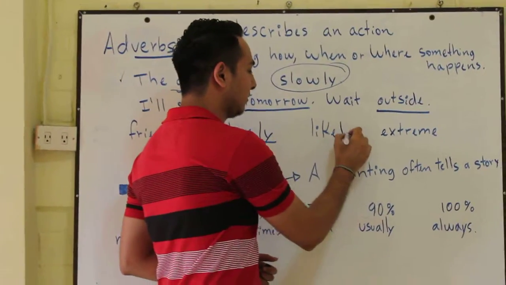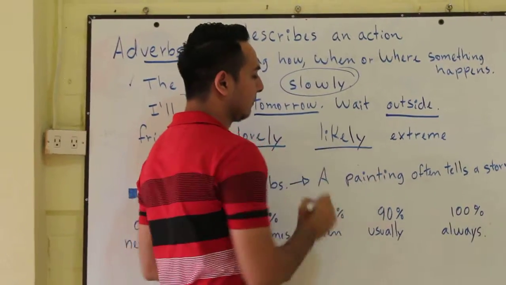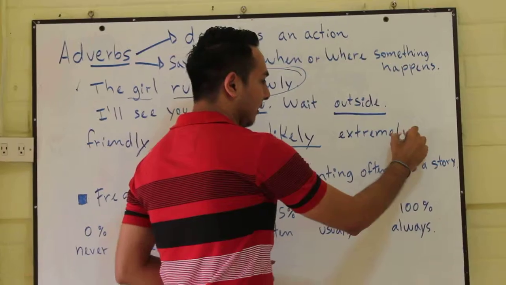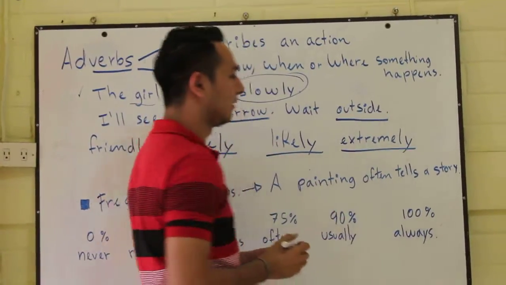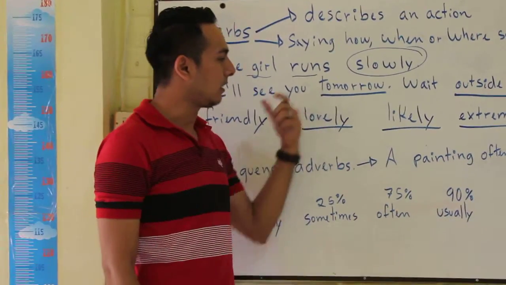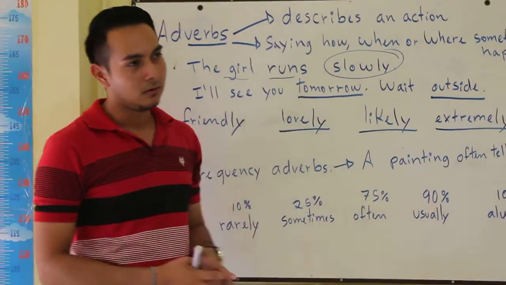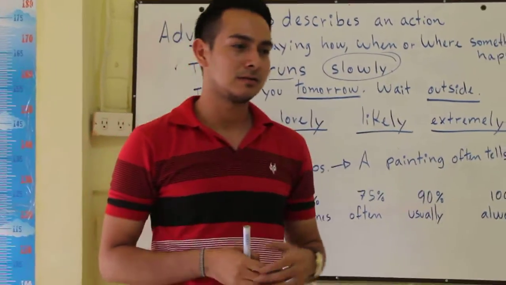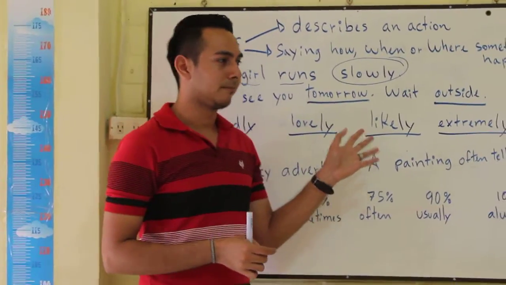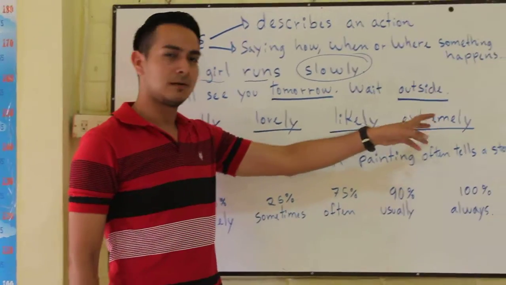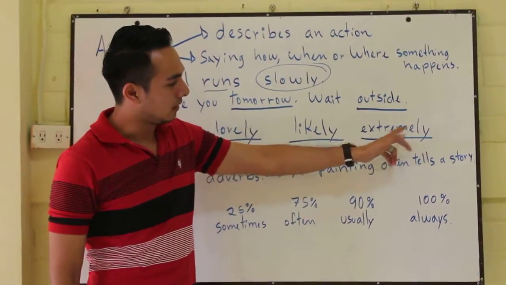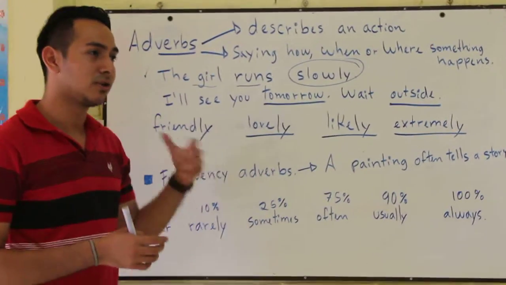Like, we also add ly, and now we have likely. Extreme, we also add ly, and now we have extremely. This is an easy way to transform a word into an adverb. But you have to remember that there are some irregular ones. It means that we cannot transform them into an adverb just by adding ly; the word changes.